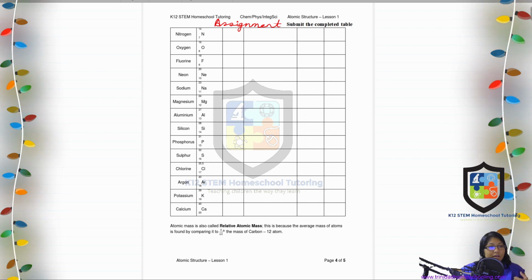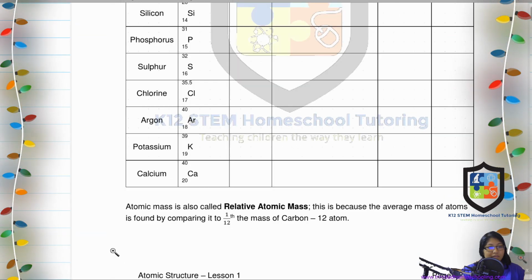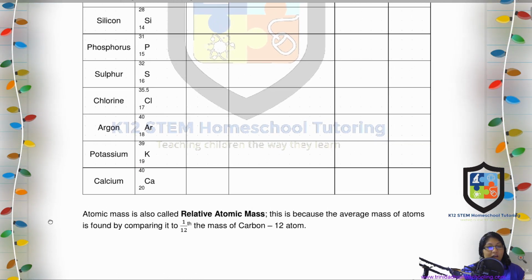So let's look at the atomic mass. Now, the atomic mass is also called the relative atomic mass. This is because the average mass of atoms is found by comparing it to 1/12 of the mass of carbon-12 atoms. Right?